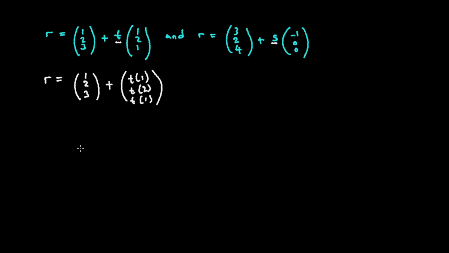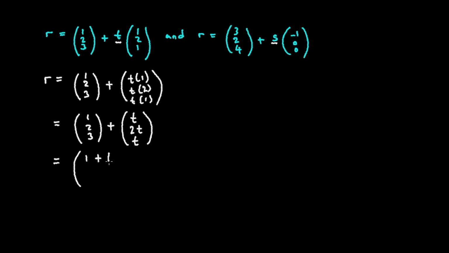So this is equal to (1, 2, 3) plus (t times 1, t times 2, t times 1). Here, using addition, we get the vector (1 plus t, 2 plus 2t, 3 plus t). So we have finished with the first line.